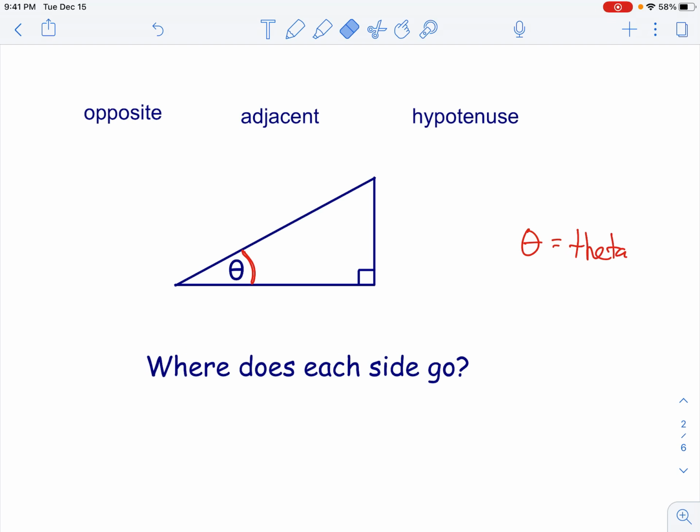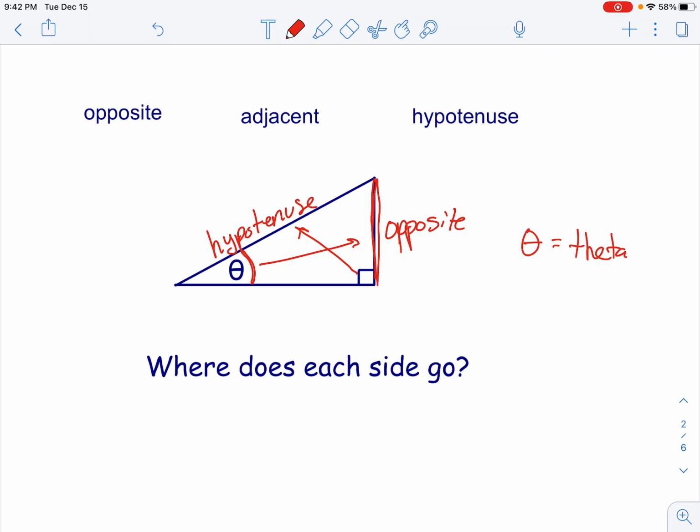So theta is that angle in the lower left of this right triangle. The opposite side from theta is going to be the one across from it. So this side that I'm highlighting in red is going to be called the opposite. The hypotenuse is always the one across from the right angle. So that's going to be the hypotenuse.